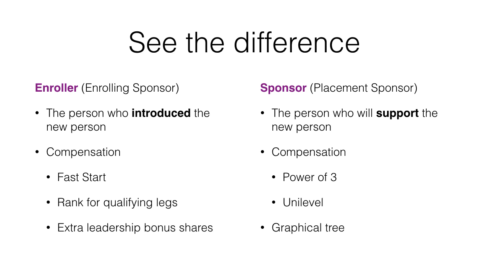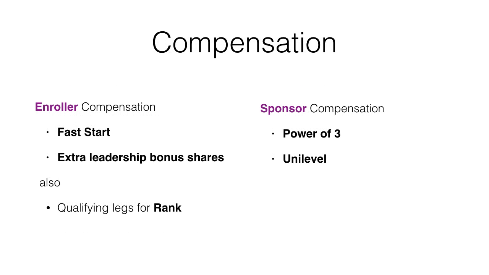They're important because of compensation. There are 4 ways that you're paid compensation: fast start, Power of 3, leadership bonuses, and Unilevel. Again, we can go into that in the compensation areas of our training, but just know that that's how each of those is important for an enroller or a sponsor.